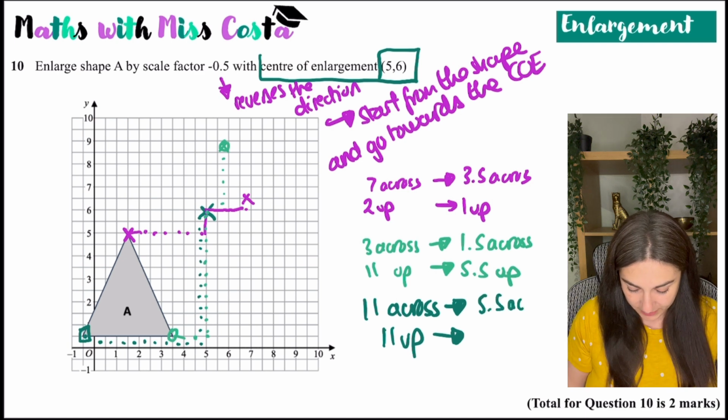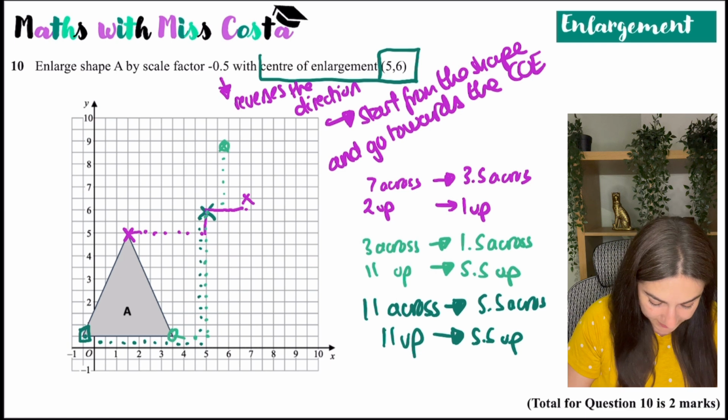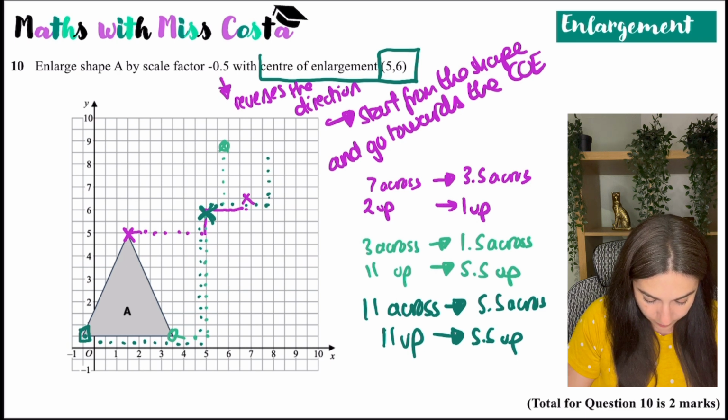So I'd be going 5.5 across and 5.5 up from the center of enlargement. So here's my center of enlargement. I go 5.5 across, and then 5.5 up. So that is where that would be.